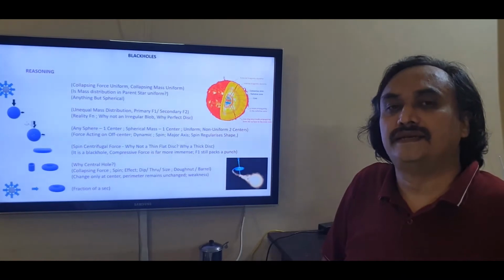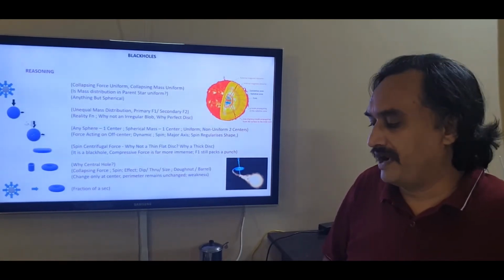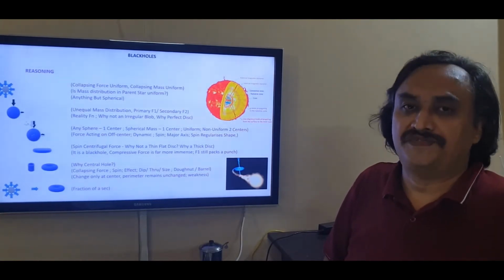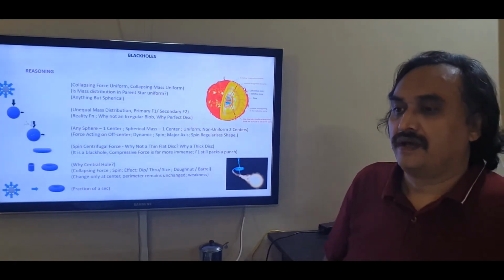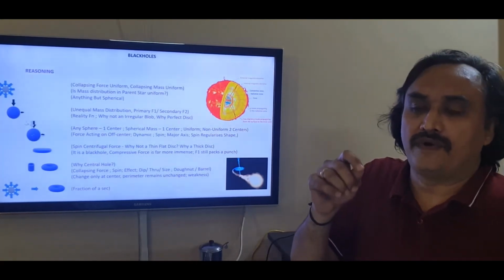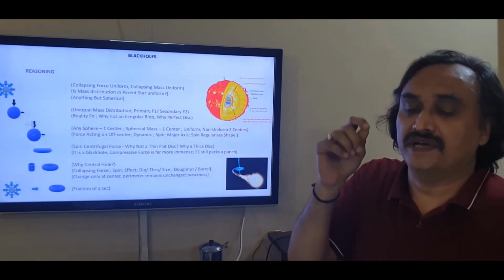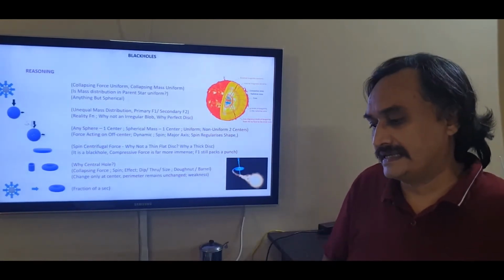What we should consider here is the spin factor. Let me explain it this way. Any geometrical sphere that you take would have only one center. The center is a point from where every point on the surface of the sphere is at equal distance, a distance of r that we know as the radius.